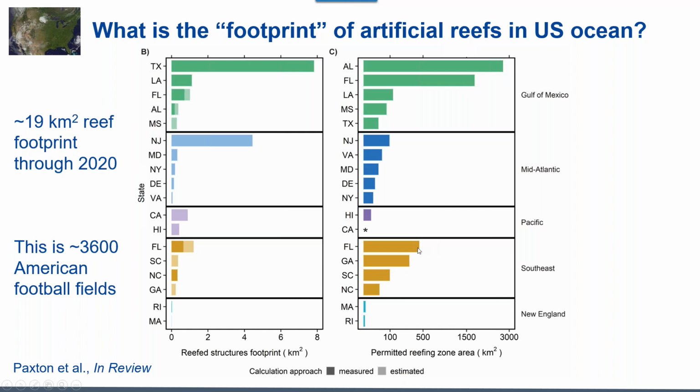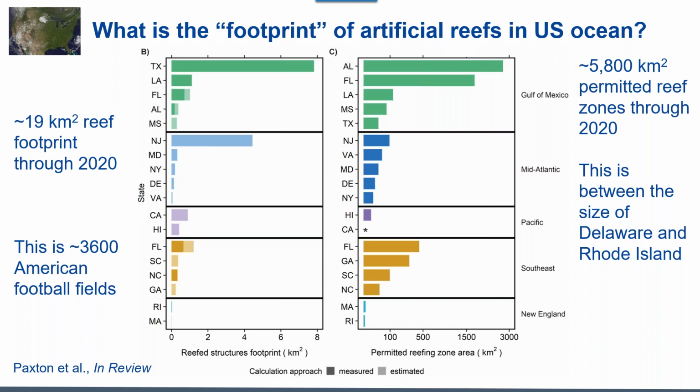But again, note that we've divided Florida up into the Gulf and the Southeast components. And if we total up the permitted reef zone area in the US Ocean, it's about 5,800 square kilometers as of 2020. And this is approximately, it's really between the size of Delaware and Rhode Island.